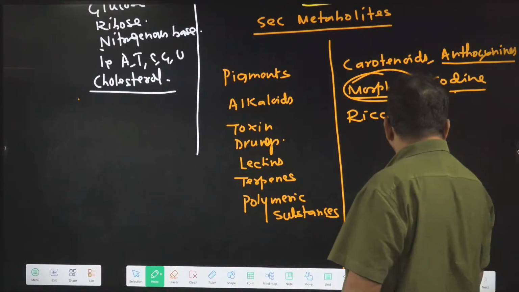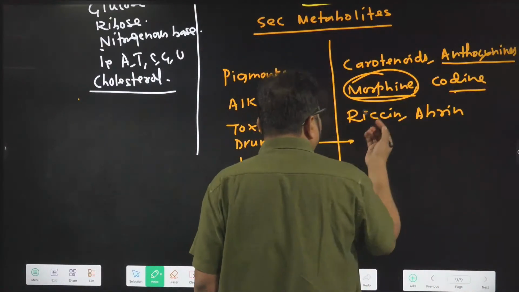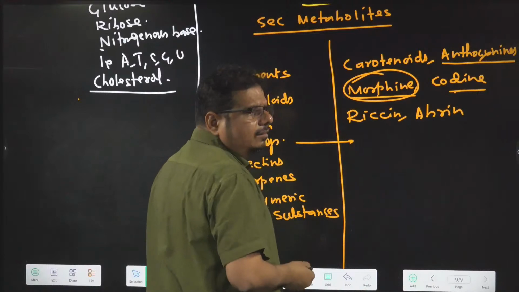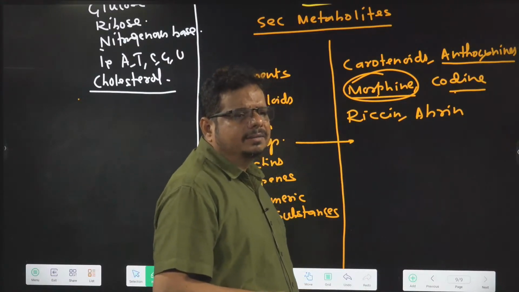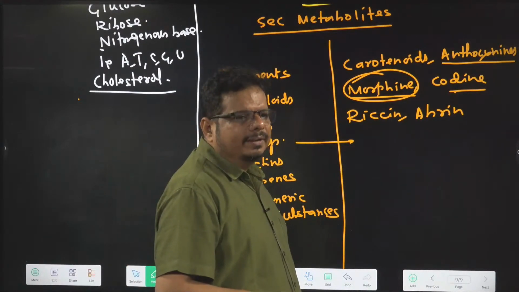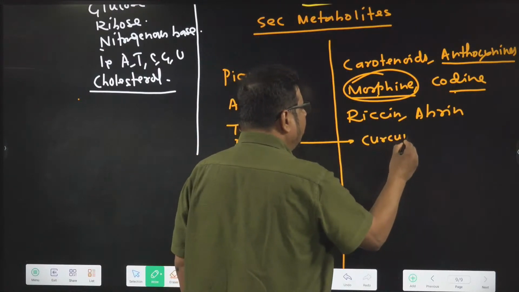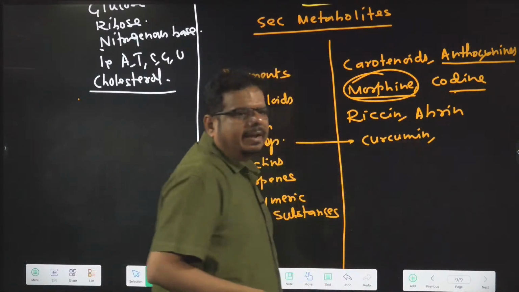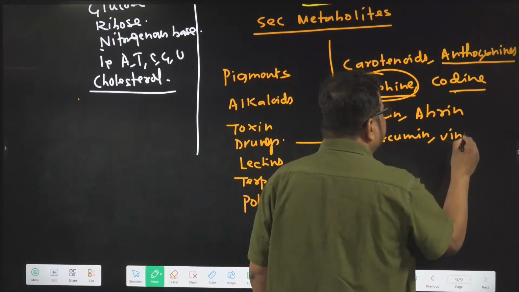Next is drugs. Who is in the drugs category of secondary metabolite? Tell me. Curcumin. Another that comes in the drug category is vinblastine. Right? Vinblastine.